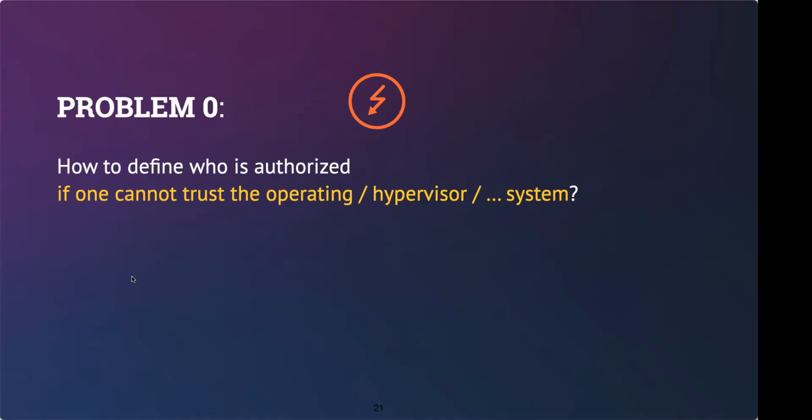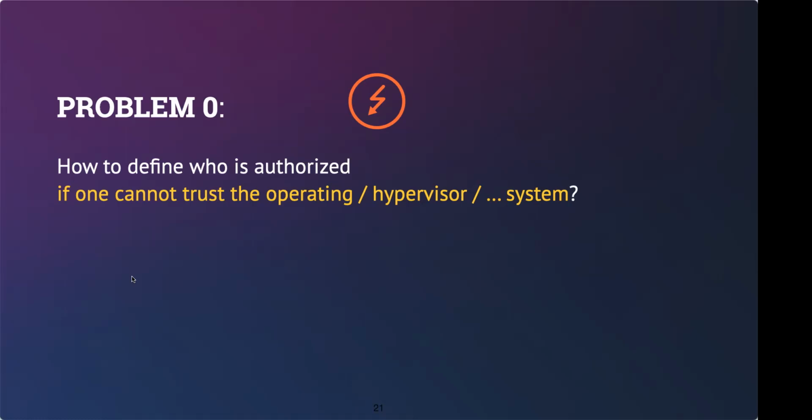This is the first question that you should ask yourself: how do we know who's authorized and not? Because that determines who can see the data. And typically the operating system defines access control. If you cannot trust the operating system anymore, things suddenly get blurry or difficult.